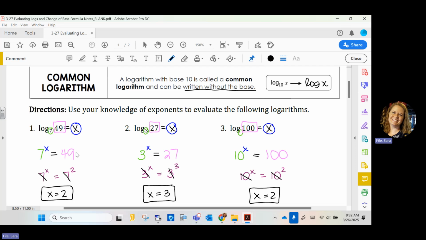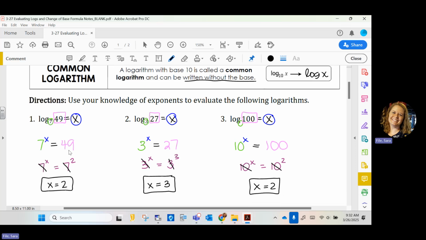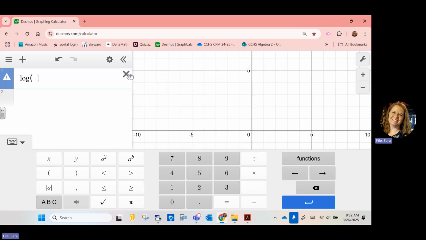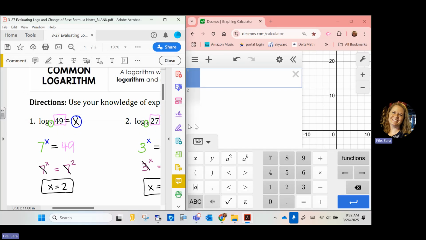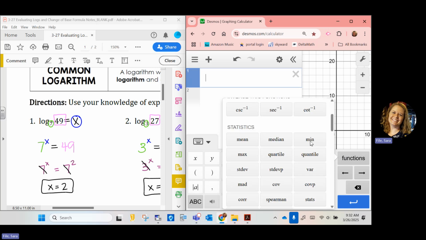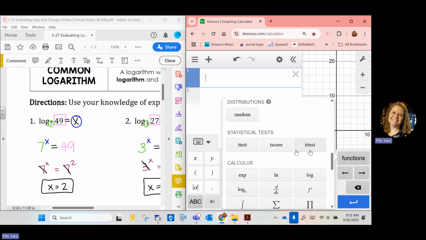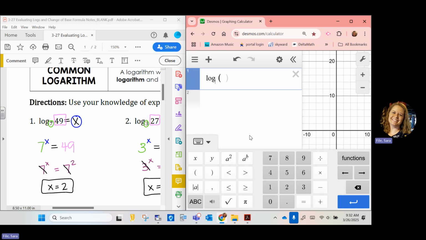Now, what tool do you have where you could do this a different way? Desmos. So if I have access to Desmos for this question, as long as I know how to type this in, I could put log base 7 of 49.